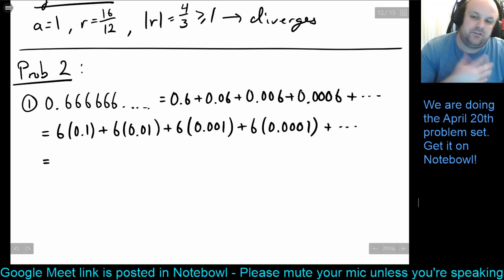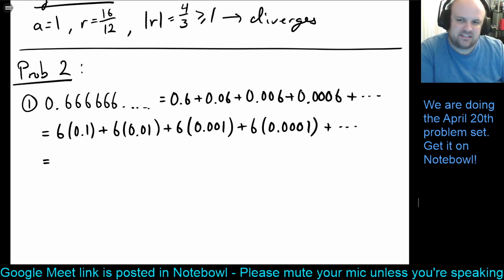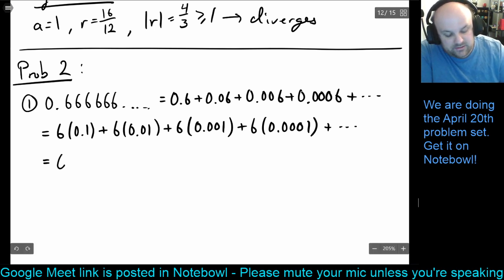Now, you can rearrange this slightly if you want to get to the geometric series you're going to use quicker. I think this procedure makes more sense. It's at least easier to see. So I'm going to stick with this. So here, this is 0.1 to the first power.